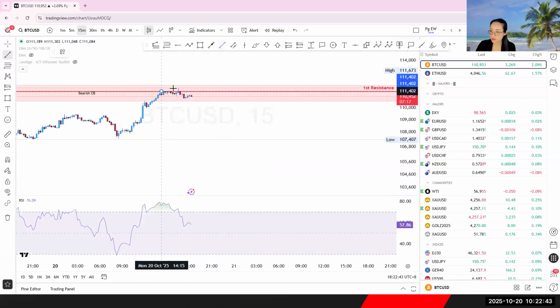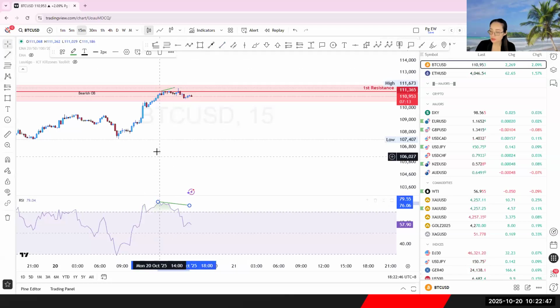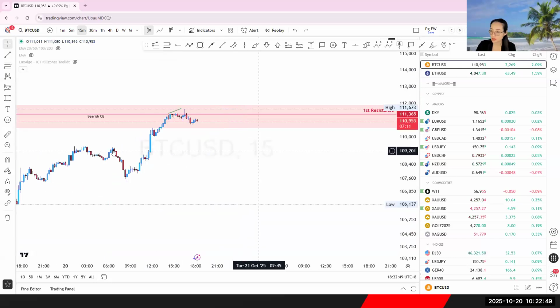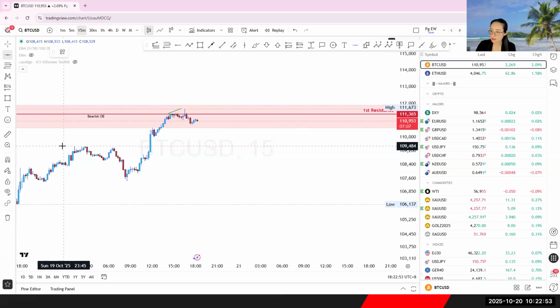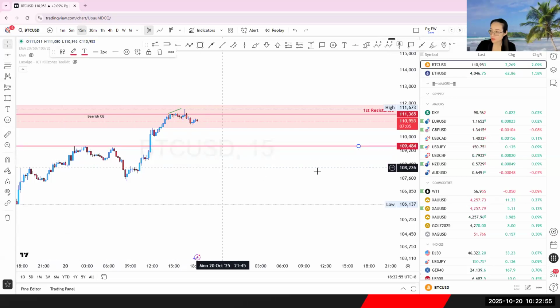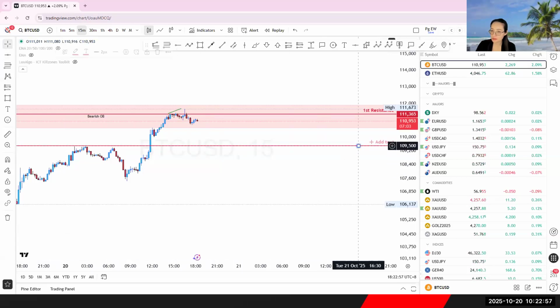Somehow at the zone, you also see divergence here, barely divergence. So I think you can aim at least here, 109, for the M5.